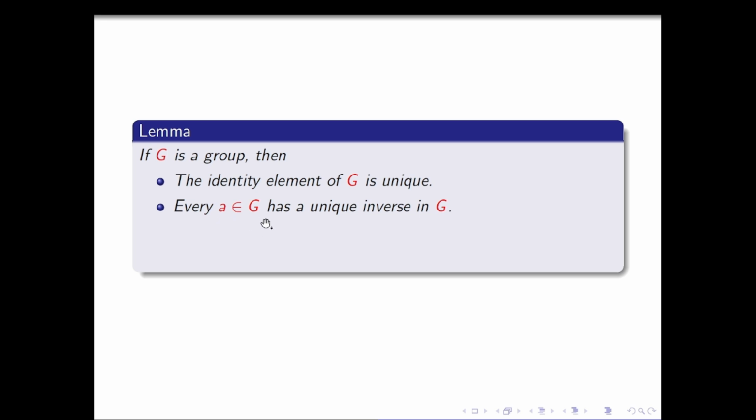Every element A of G has a unique inverse in G, meaning if we take any group G and any of its elements, then it has a unique inverse in G. For every A in group G, the inverse of A inverse is the original element A. And for all A, B belonging to G, the inverse of the product of A and B is equal to the product of B inverse and A inverse. One can prove these four properties easily. These are the standard results of any group.